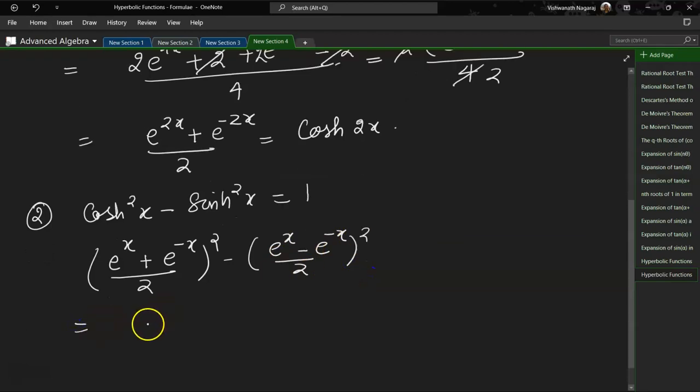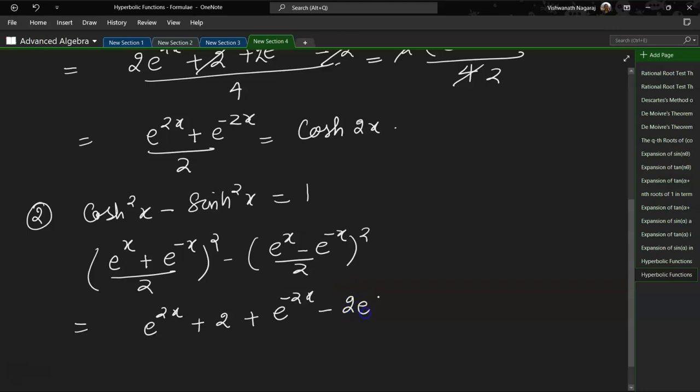This would be equal to e to the power of 2x plus 2 times this into this is 2 plus e to the power of minus 2x. Denominator will become 4 and 4, so we can directly keep adding.